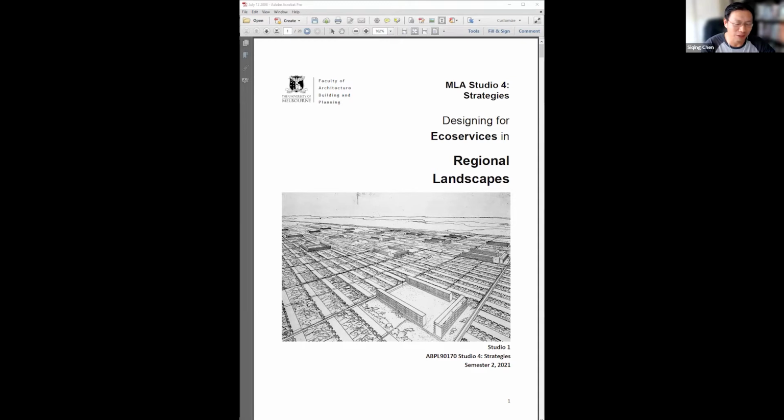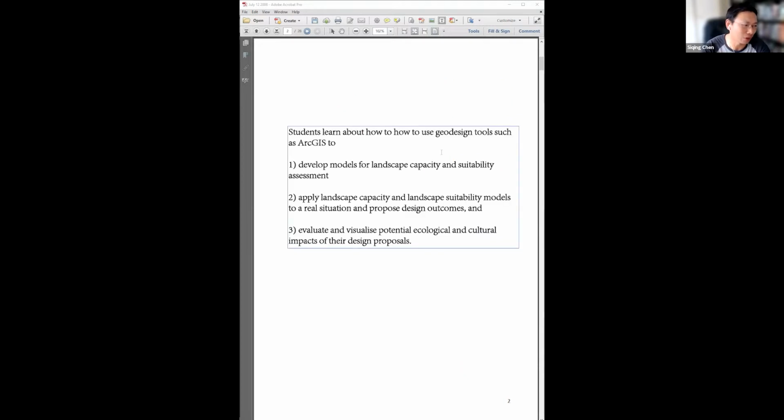It's about the whole region, and then the central topic is teaching students how to use geospatial tools like ArcGIS to develop regional models for regional landscape capacity and suitability assessment, and apply that as assessment to a real situation. It could be the whole Great Ocean Road region or part of it, and then propose some design outcome.